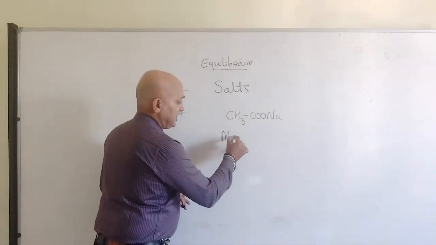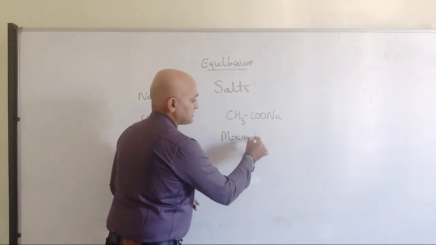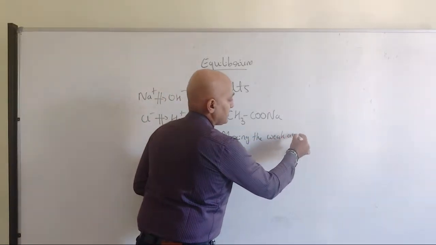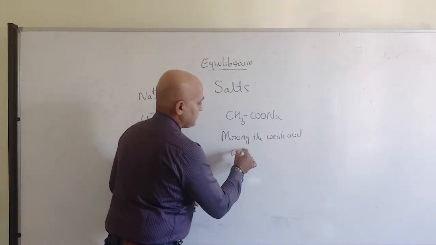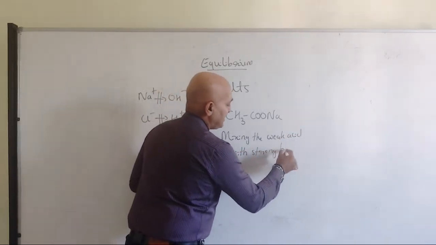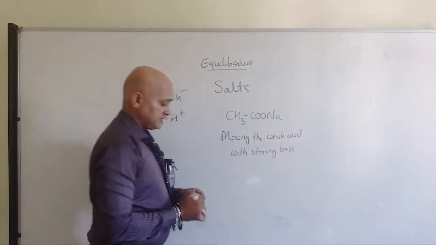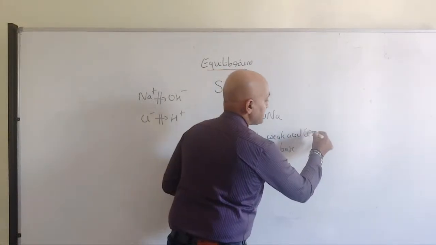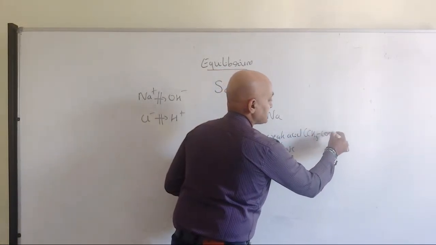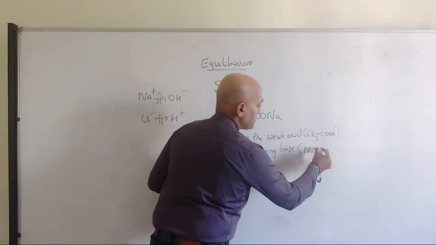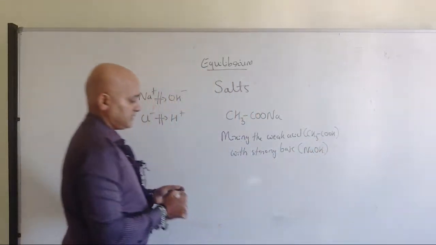By mixing a weak acid with a strong base. So which was that weak acid? That weak acid was acetic acid. Which is that strong base? That strong base was sodium hydroxide.